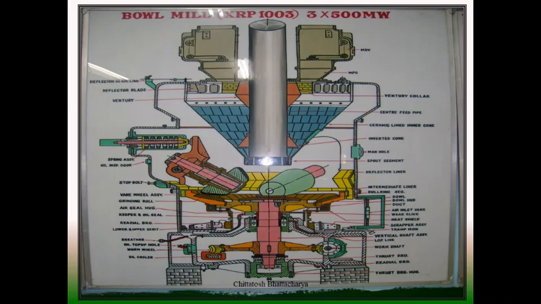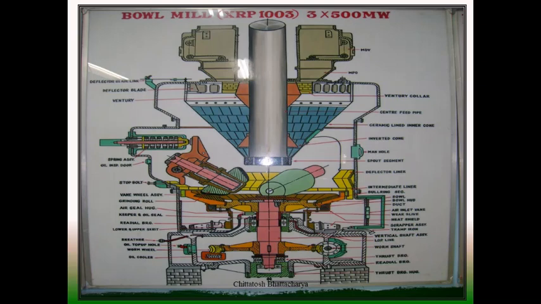Above the bowl we have 3 rollers placed. There is a roll journal assembly, loaded with a journal spring assembly, which gives the pressure, so that within the mill there is pressure available for coal grinding.